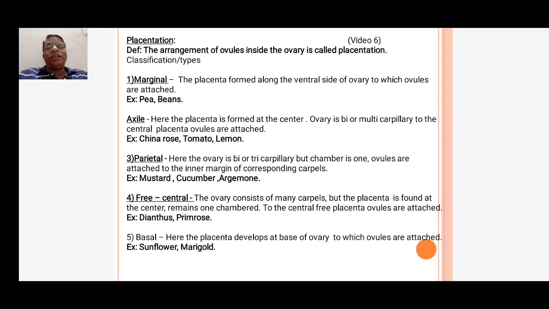The placentation is mainly classified into different types: marginal placentation, axial placentation, parietal placentation, free central placentation, and basal placentation.